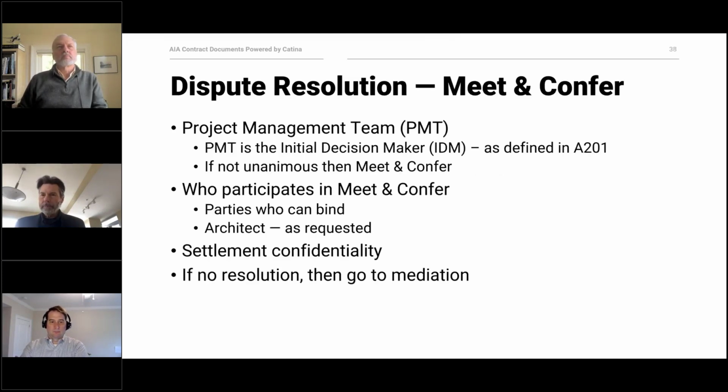Dispute resolution. Well, the hope is that through collaboration, you don't get to disputes. That's the hope. The reality is that construction tends to result in unknown conditions that tend to result in disputes for a variety of reasons.